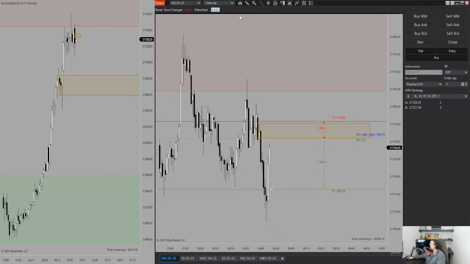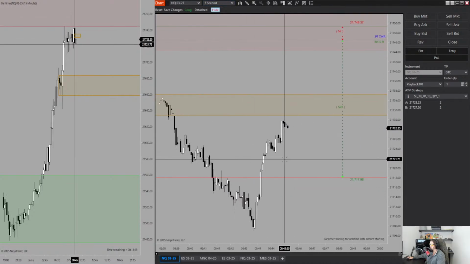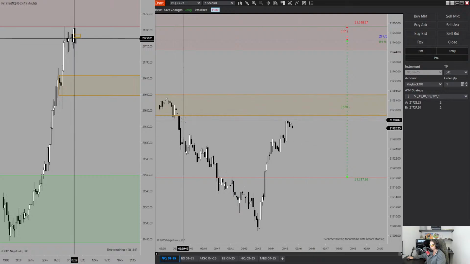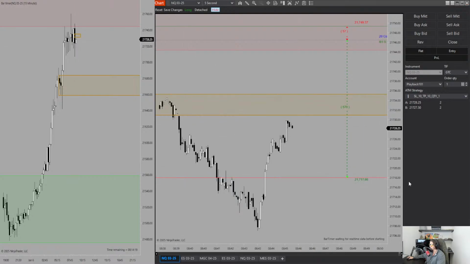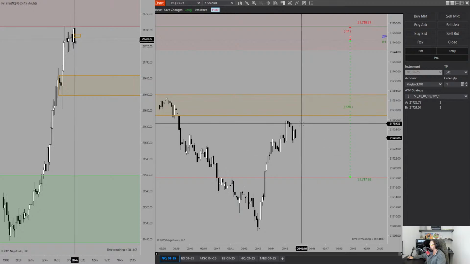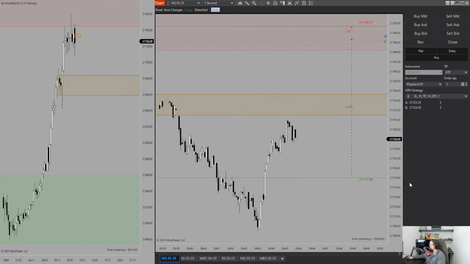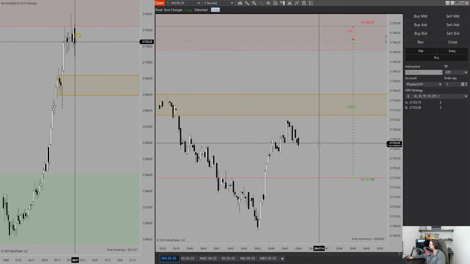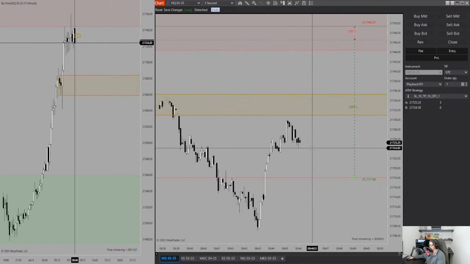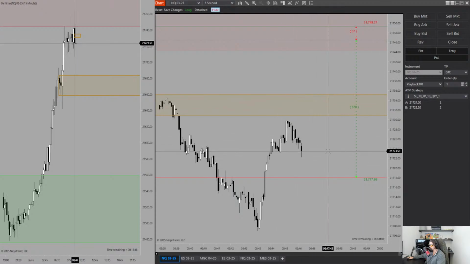So like look at the 5-second. Like to see it take this high again one more time, but still in demand here. It is reacting to the supply.